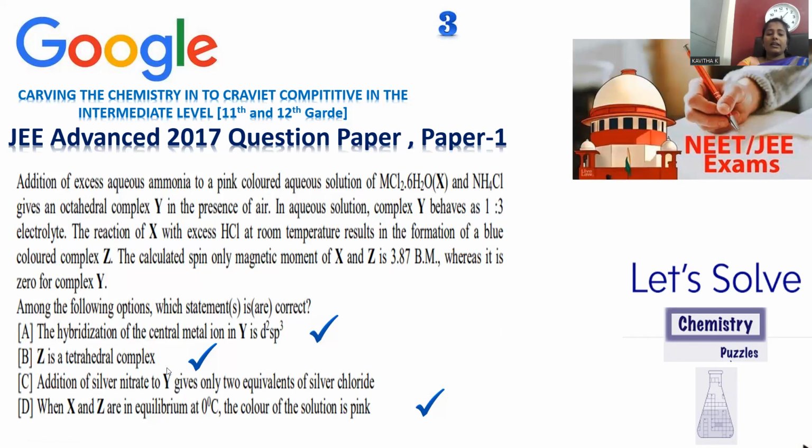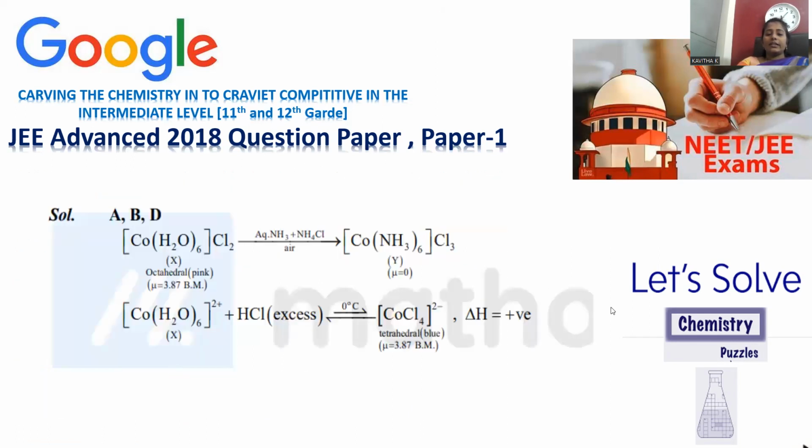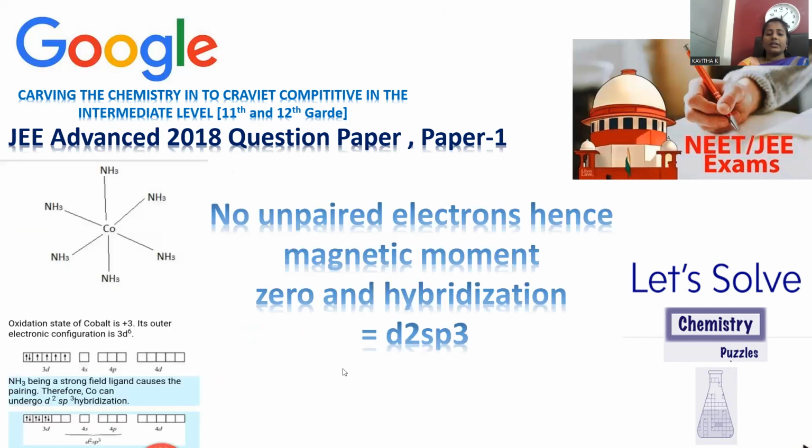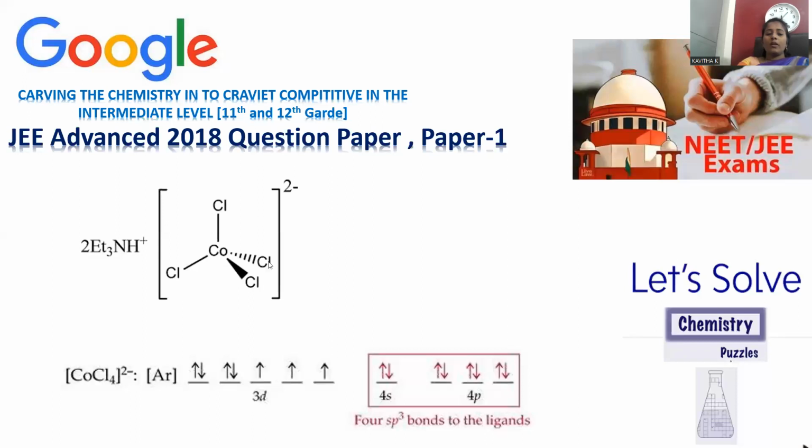Z is the tetrahedral complex. After the entire calculation, we notice that the Z compound is CoCl4 2-. This CoCl4 2- is the Z complex, which has a tetrahedral geometry. How can we say tetrahedral geometry? CoCl4 2- is purely tetrahedral.